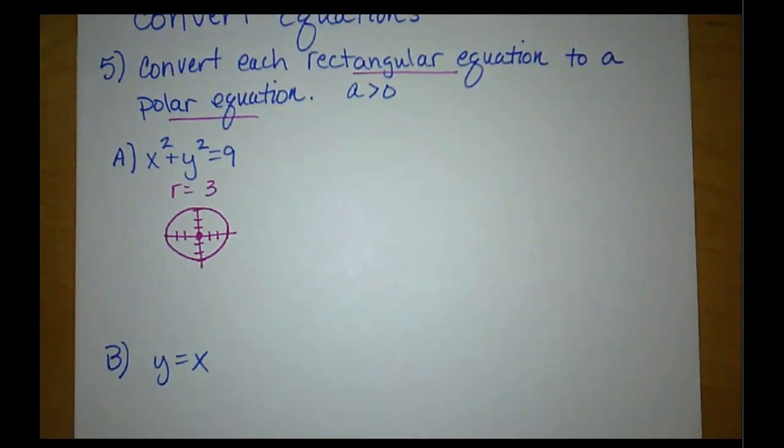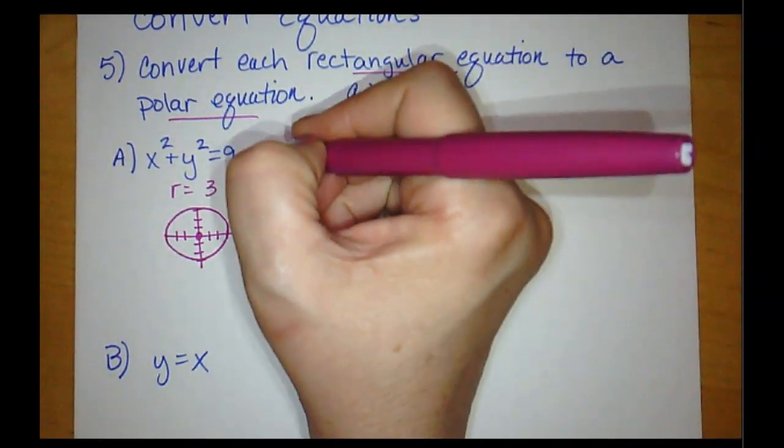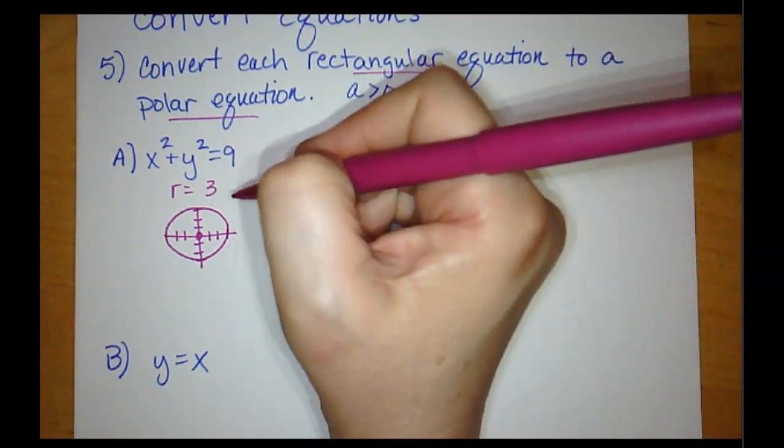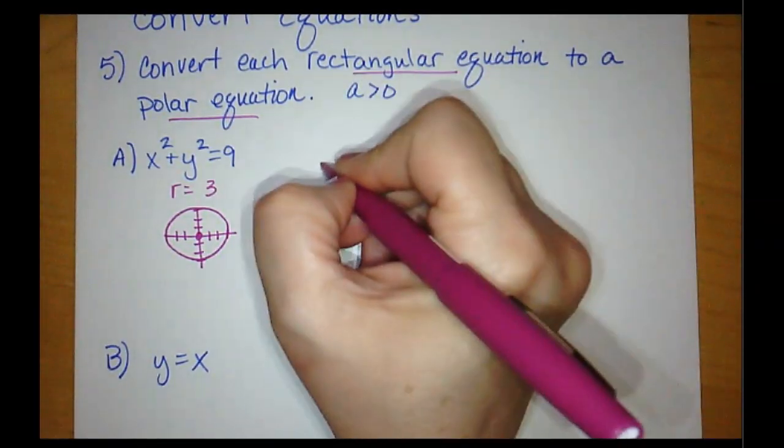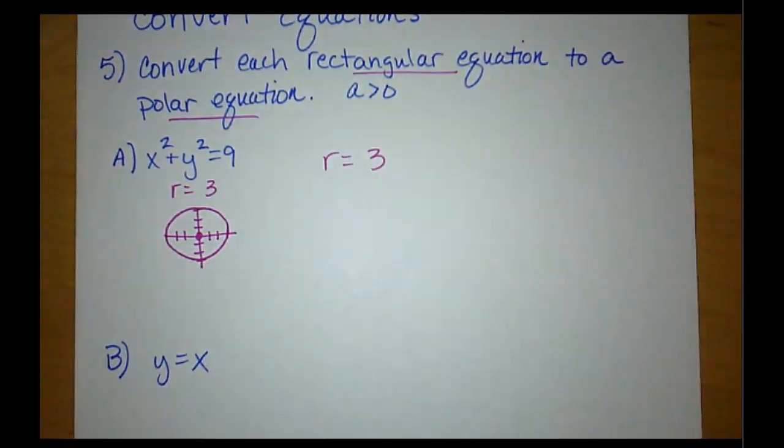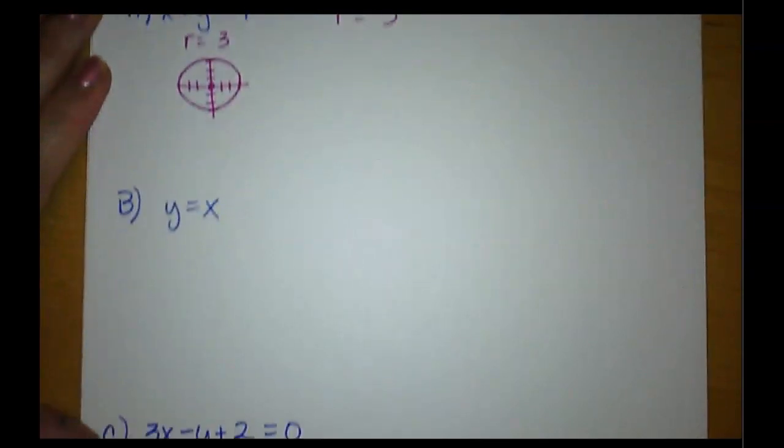And so we have our circle, which we did this problem from the other direction a minute ago. So if this is the rectangular form of it, then this is actually the polar form. So the equation itself is r equals 3 because we're talking about a circle with a radius of 3 at the origin. So that makes that one pretty easy.